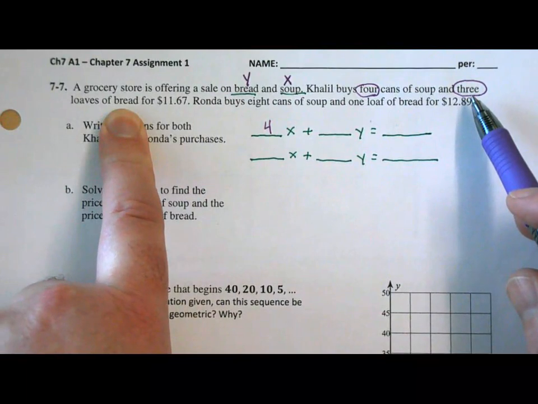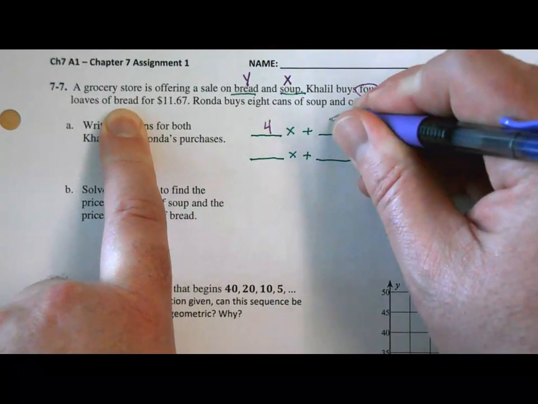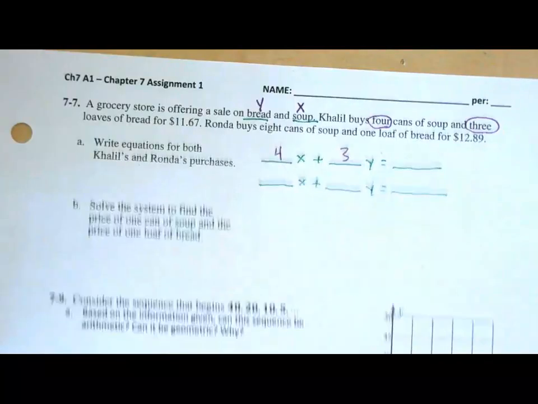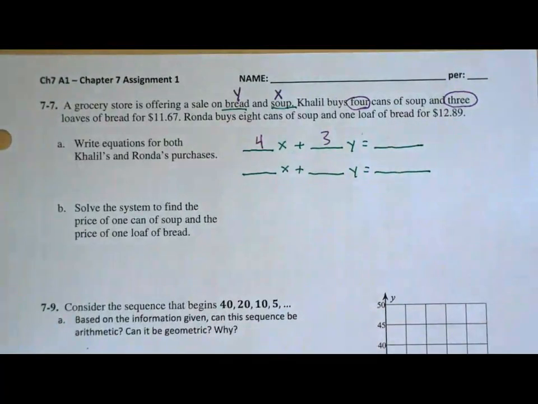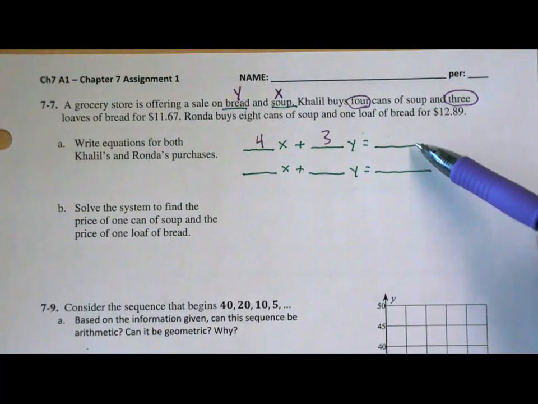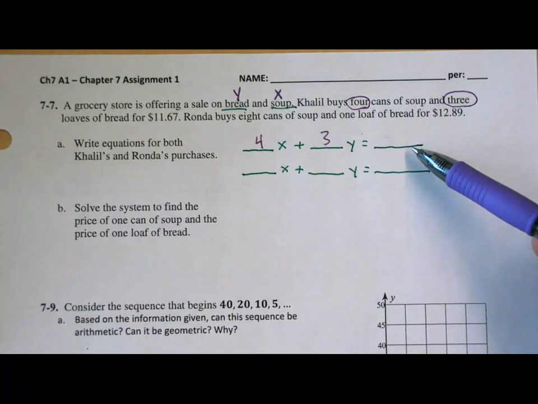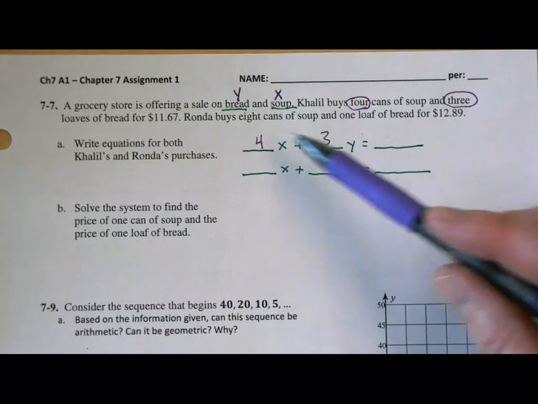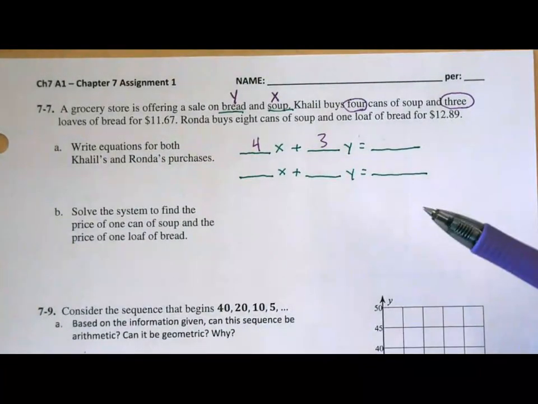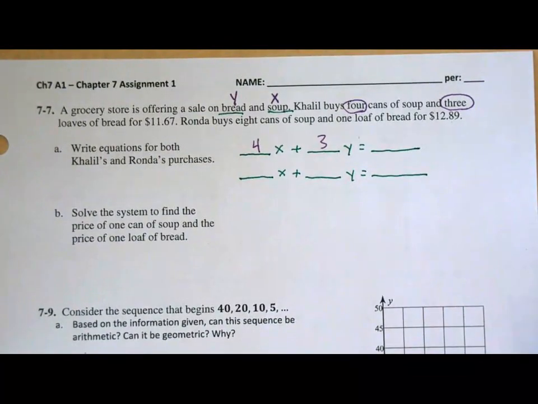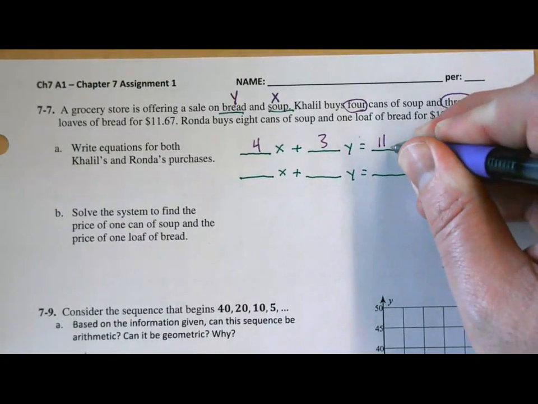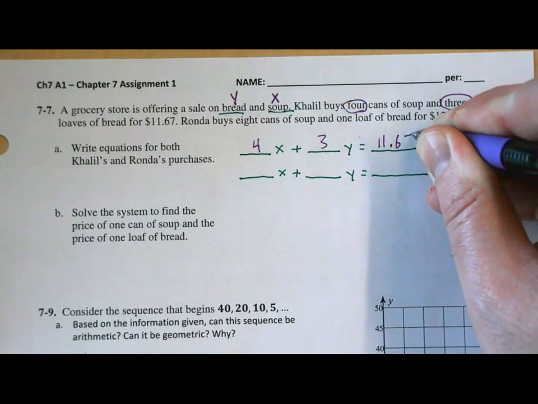Bread was y, wasn't it? So put the 3 in front of the y. 1167's got to go at the end because that's the only space that's left for it. Why would it go at the end? Does that make sense that things are adding up to equal 1167? Yeah, it's the total amount Khalil paid, right? So it makes sense that we got stuff adding up to equal 1167.